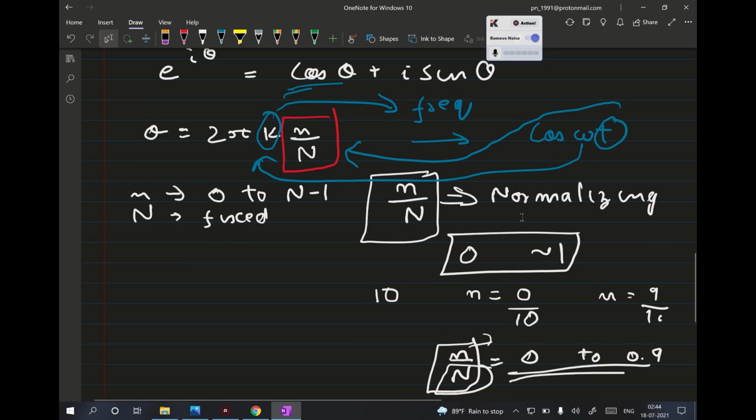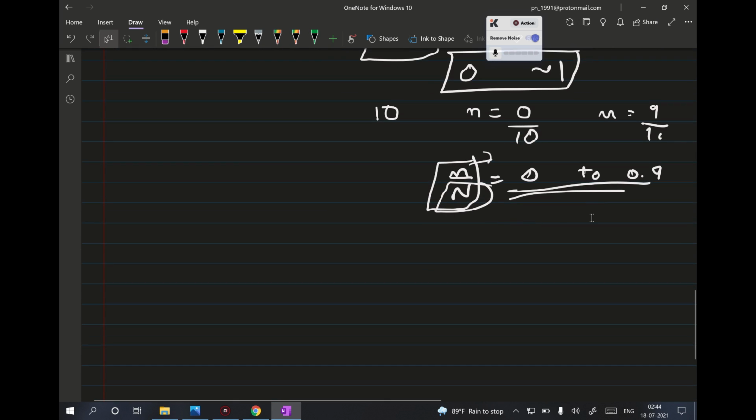Now I know it was quite a mess over here, but I'll try to simplify things.